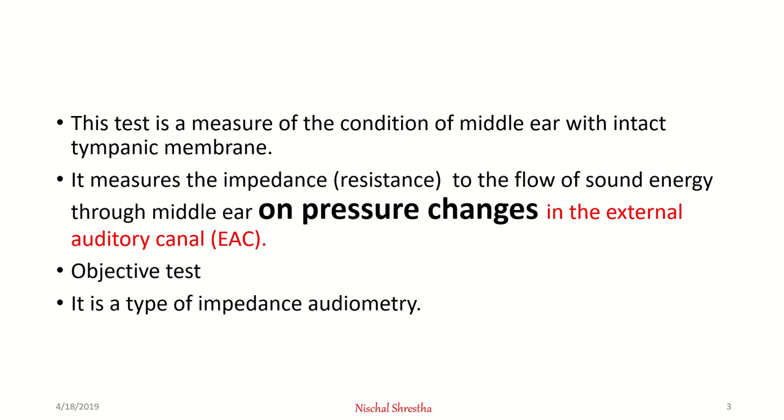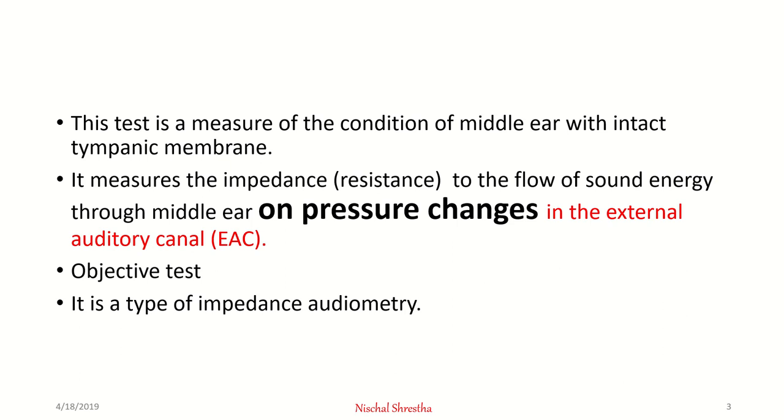So first, if the perforation has occurred, we can try many methods to seal the tympanic membrane, and after that we can perform this test. So this test can be done only in cases of intact tympanic membrane, and this test measures the impedance.